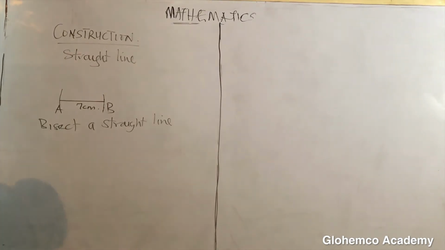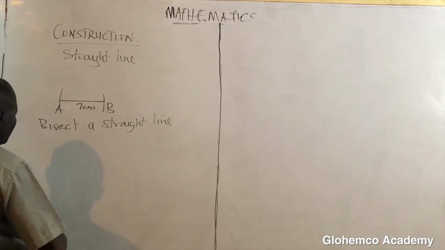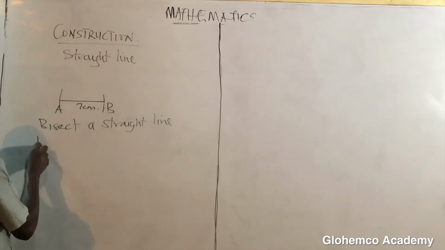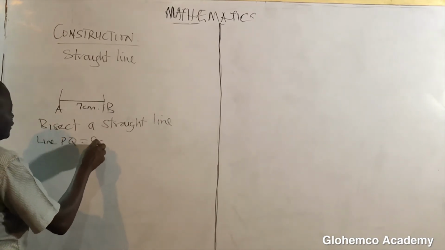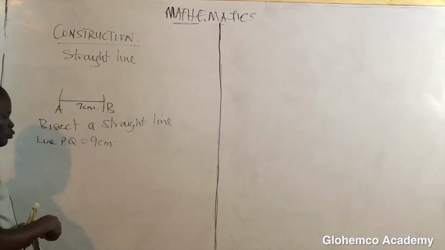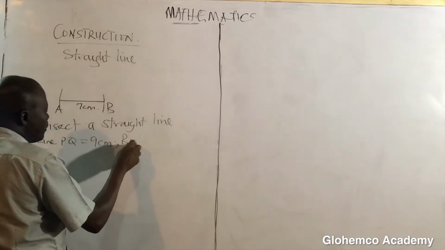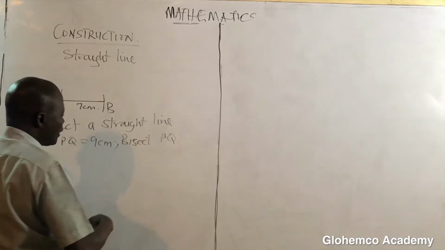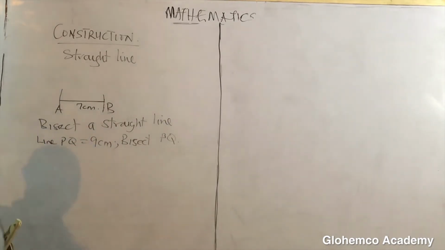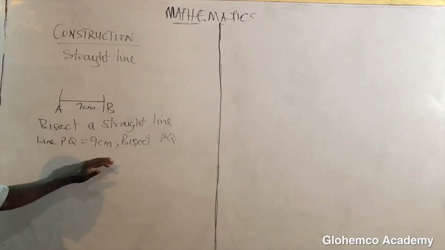If you are given a straight line of, say, 9 centimeters, let's say you have a line PQ equal to 9 centimeters, and you want to bisect PQ. We have been told that the line PQ is 9 centimeters.